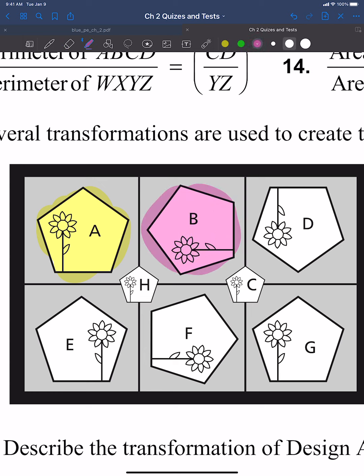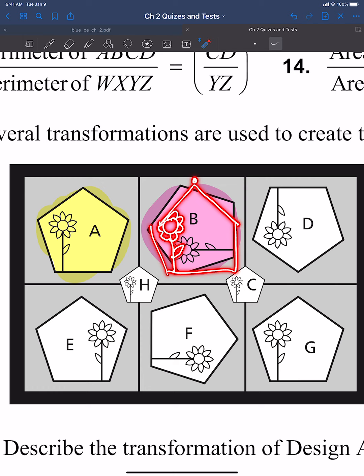If I could rotate B back so that it's orientated the same way as A, where the point's up here, right? It'd be like that. Yes? Yeah. The flower would be up here, right? Are you guys seeing this? Yeah. Does that look like it was a reflection?